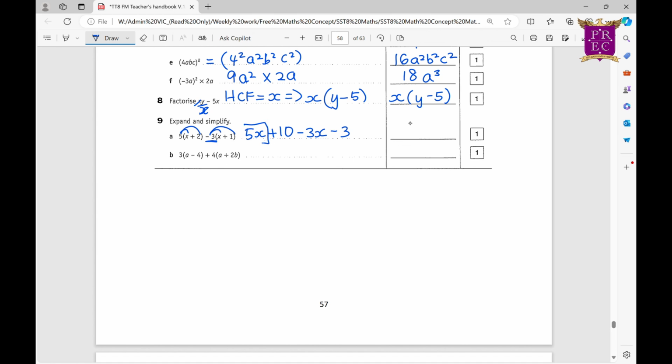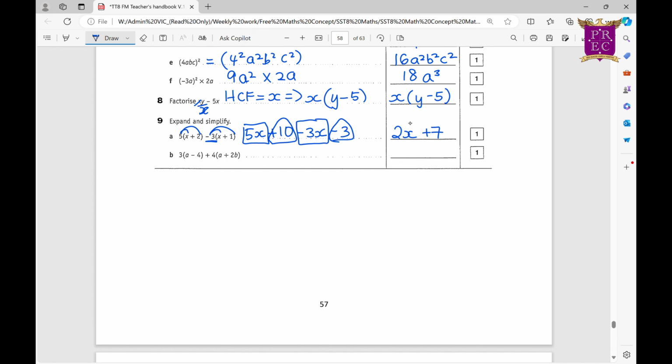So 5x and -3x are like terms, and plus 10 and minus 3 are like terms. So 5x minus 3x is 2x, and 10 minus 3 is positive 7.